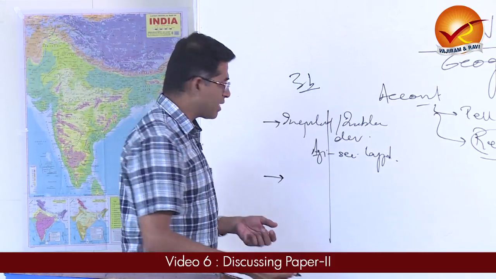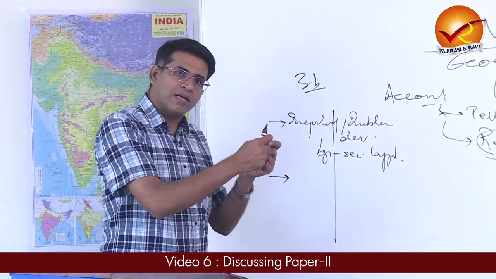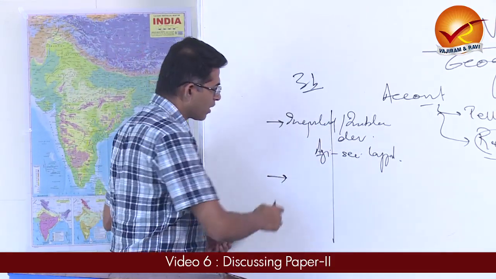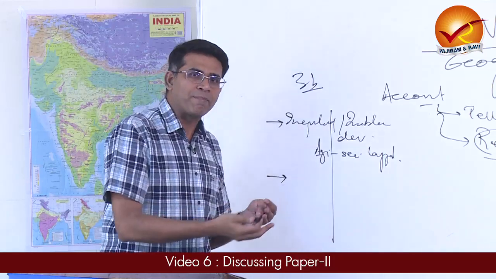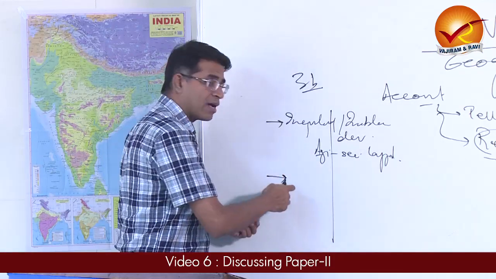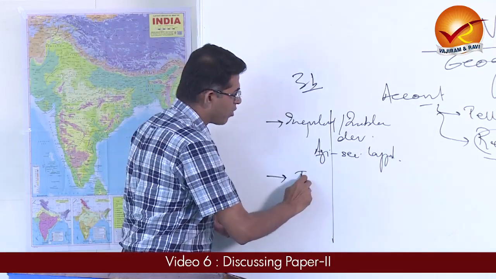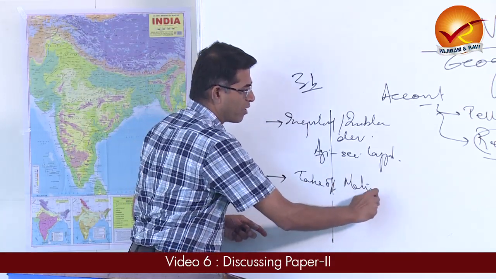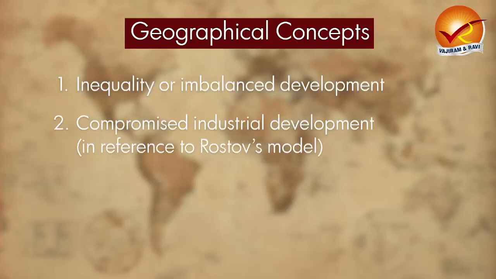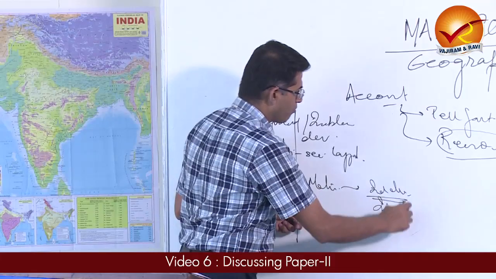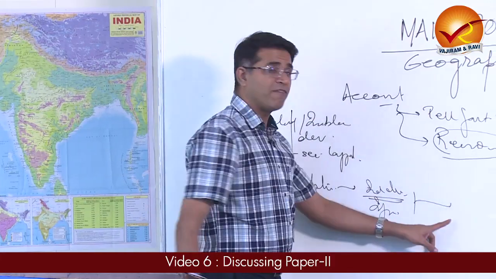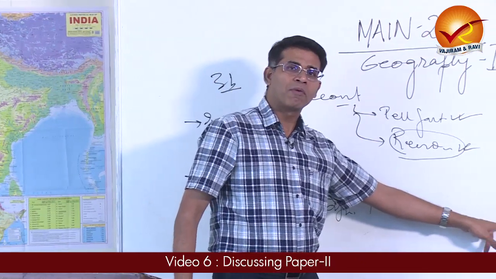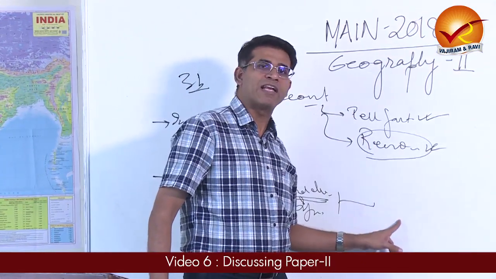The geographical concept that in our economic development and growth, we almost bypassed or did not develop in the stage of takeoff, in the stage of maturity, where our industrial development was compromised. This again relates to infrastructure issues, because of which we have a deficit with China, because India is a net importer of Chinese products.